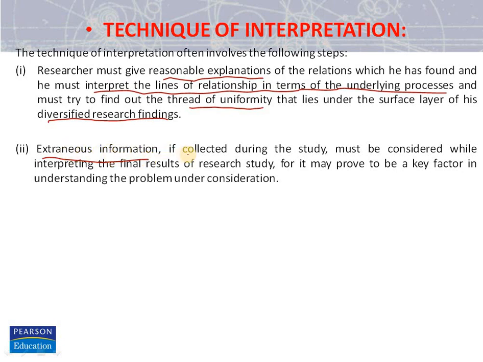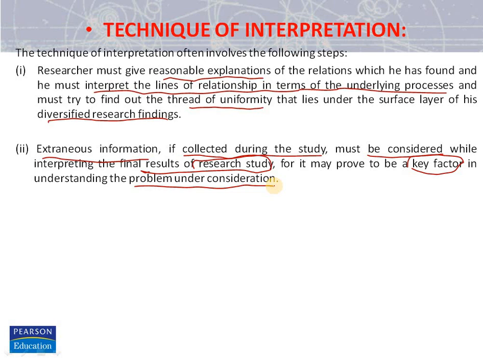So any extraneous information, if collected during study, must be considered while interpreting the final result of the research study, for it may prove to be a key factor in understanding the problem under consideration.